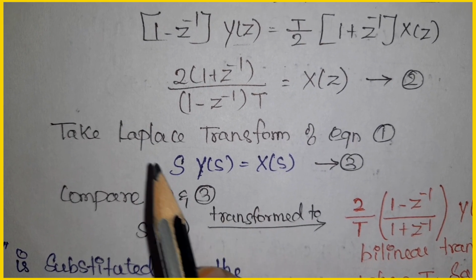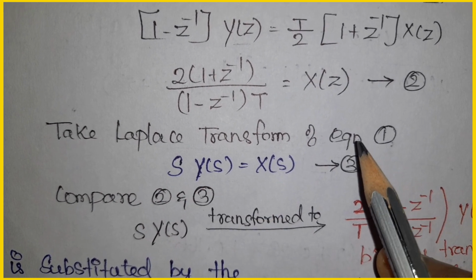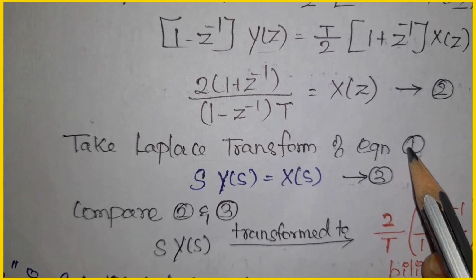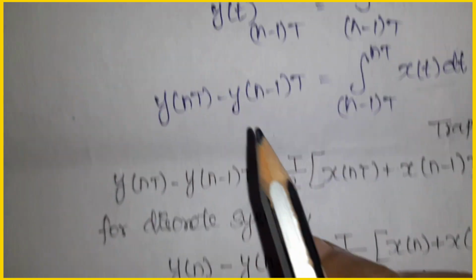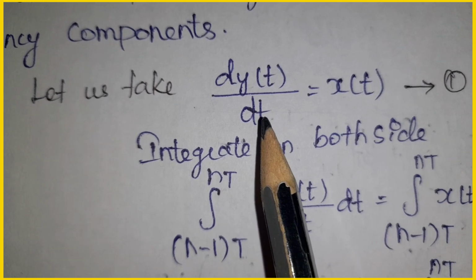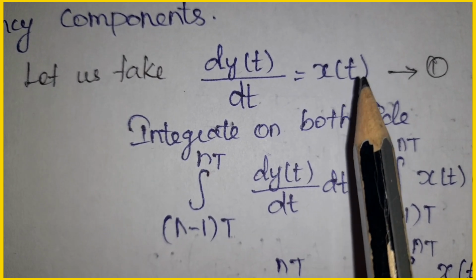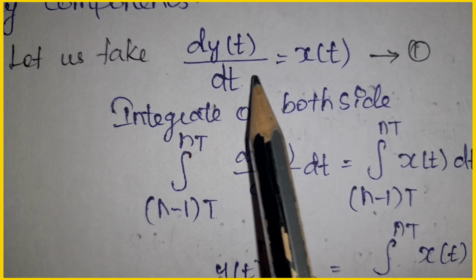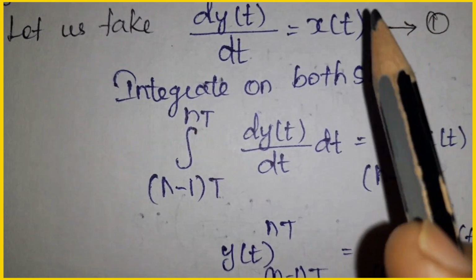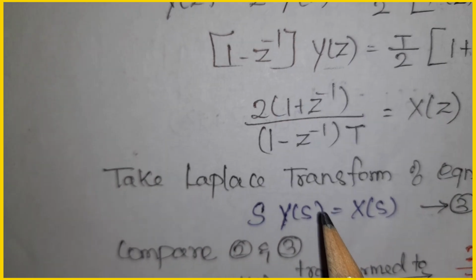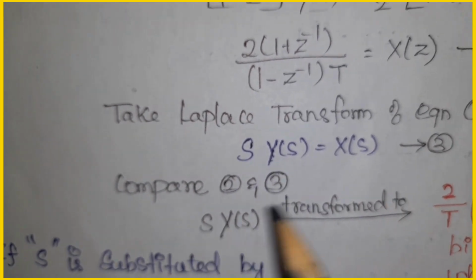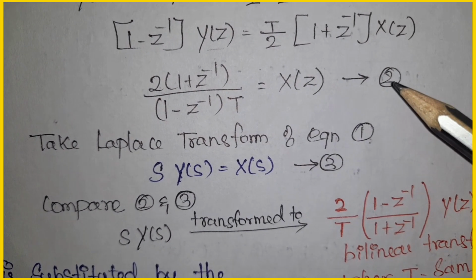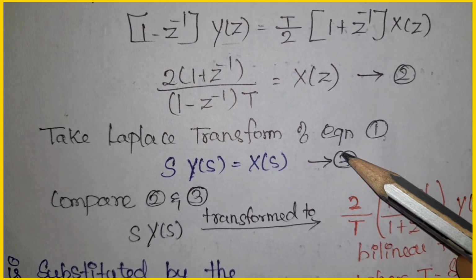So next step we have to take the Laplace transform of equation number 1. So what is equation number 1? We know dy(t)/dt is equal to x(t). So we will take this function: s into Y(s) equal to X(s). So like this. Compare the second and third equations, this equation and then this equation.